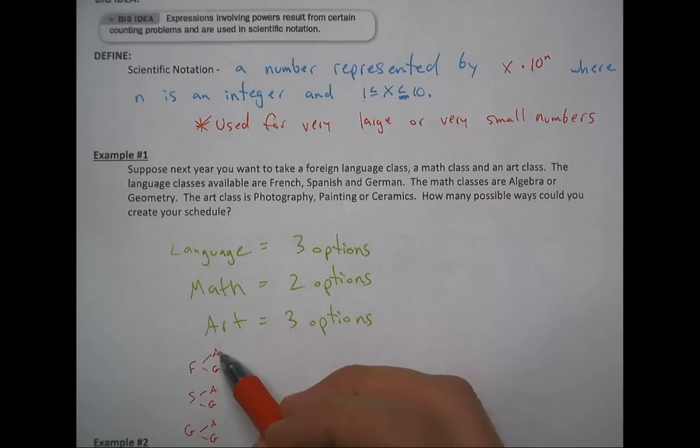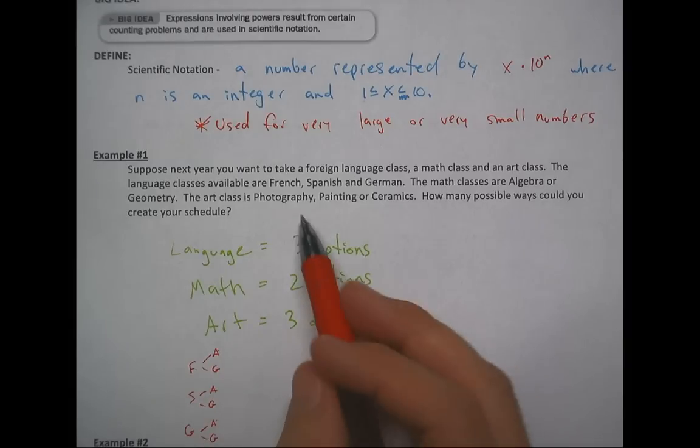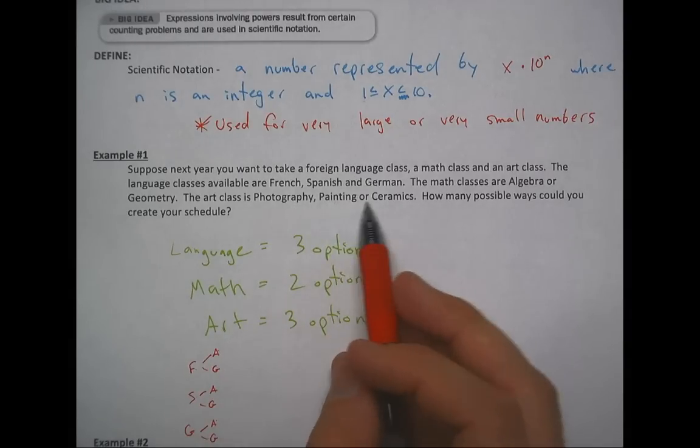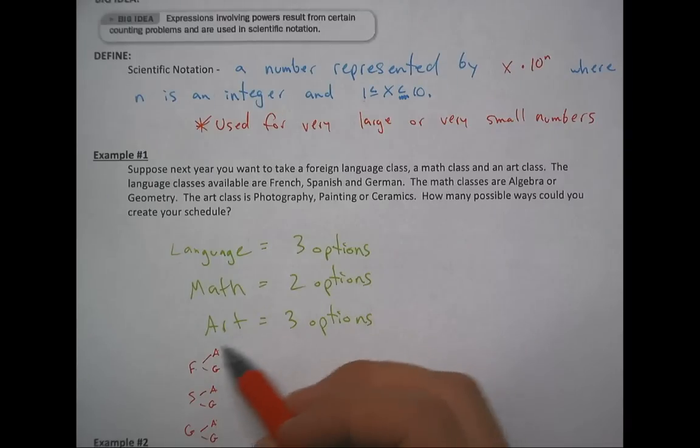If you look at it, you've got 6 different ways you could get to this point: French and algebra, French and geometry, Spanish and algebra, Spanish and geometry, German and algebra, German and geometry. And then down each one of those roads, they could split into another 3 with photography, painting, and ceramics, and each one of those would branch off.